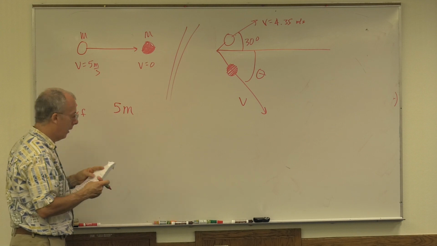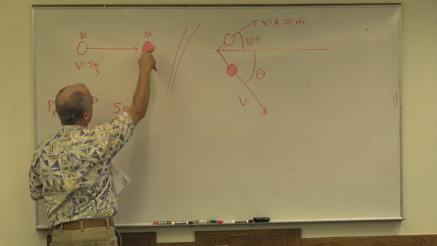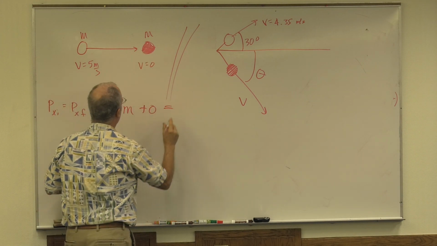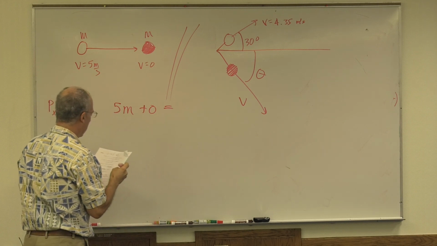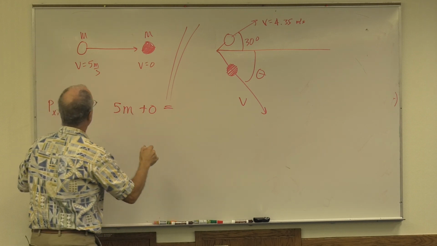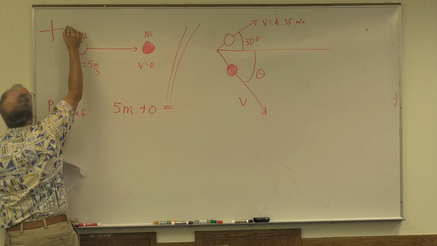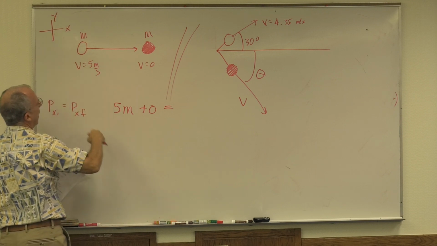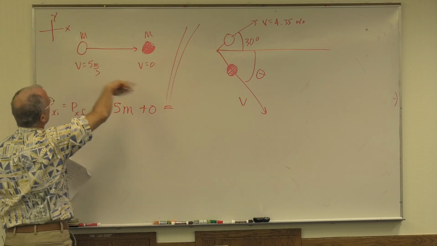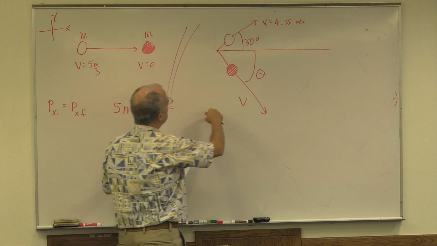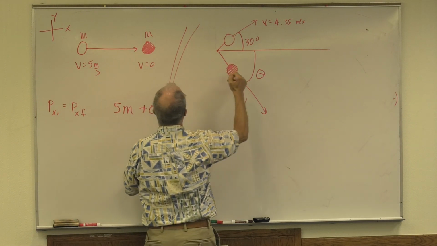mv, momentum. What's the momentum of this guy? 0. Oh, I forgot to tell you, we have to make a coordinate system. So this is going to be our x-axis, and that's our y-axis. What's the x momentum of this guy?